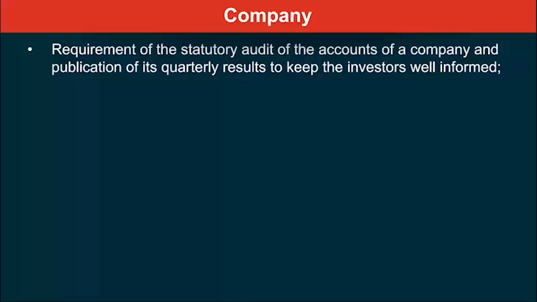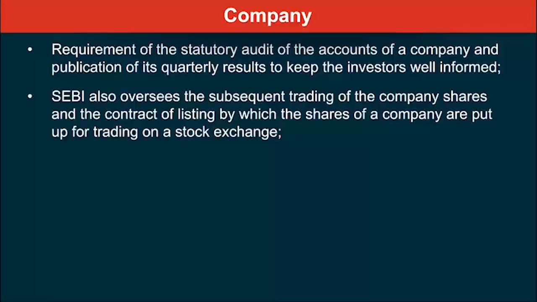Listed means you have asked the public for money and you have listed your shares on the stock exchange. SEBI oversees the subsequent trading of the shares also, and there is a listing agreement that the company is required to enter into before putting up its shares for trading on the stock exchange. Corporate governance norms are there.